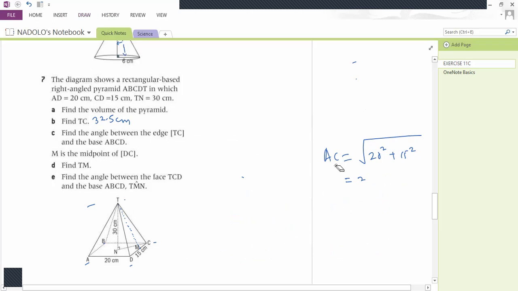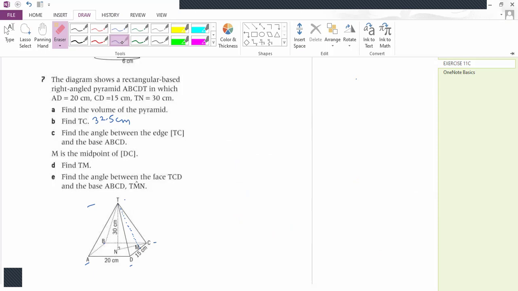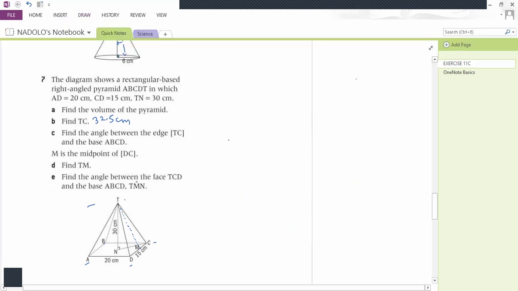Okay, but C asks you to find the angle between the edge TC and the base ABCD. So we say the angle between an edge and the base is the same as this angle. This is the edge TC, and then you're going to have a projection of it by drawing a perpendicular line.